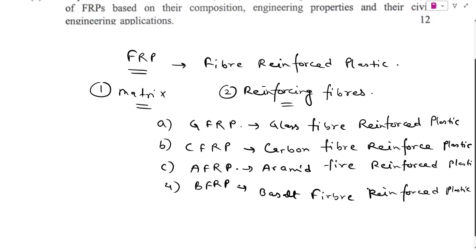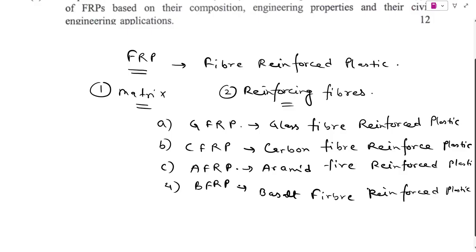Strength is high, stiffness is also high, and weight is light. Corrosion resistance is excellent, and cost is moderate. Fatigue resistance is good, and electrical conductivity is also non-conductive.